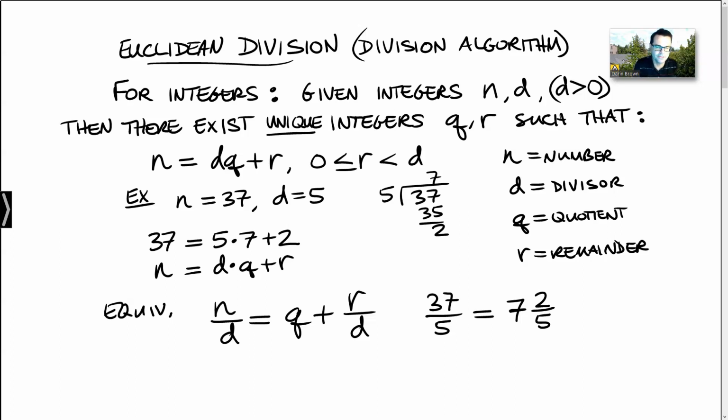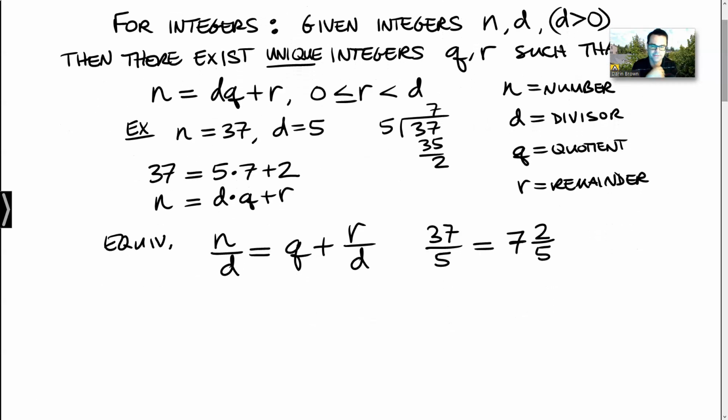But the reason I'm going over this with integers is because now we're going to take it into polynomials, and you'll see that it's almost the identical statement. You just replace an integer with polynomials. The thing that's the trickiest is, what do we mean by the remainder being smaller than the divisor? So we have to specify exactly what that means.